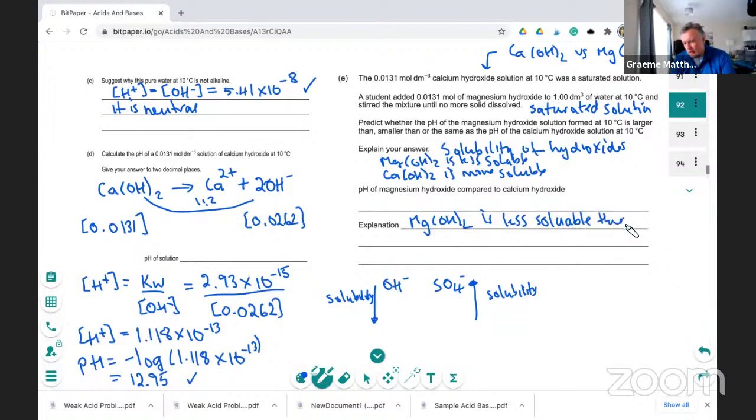Then you would have less hydroxide ions present, dissolved in the water, wouldn't you?